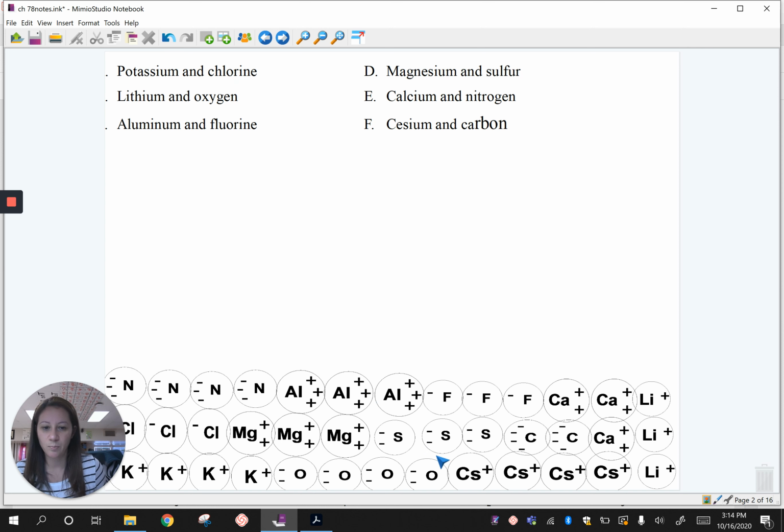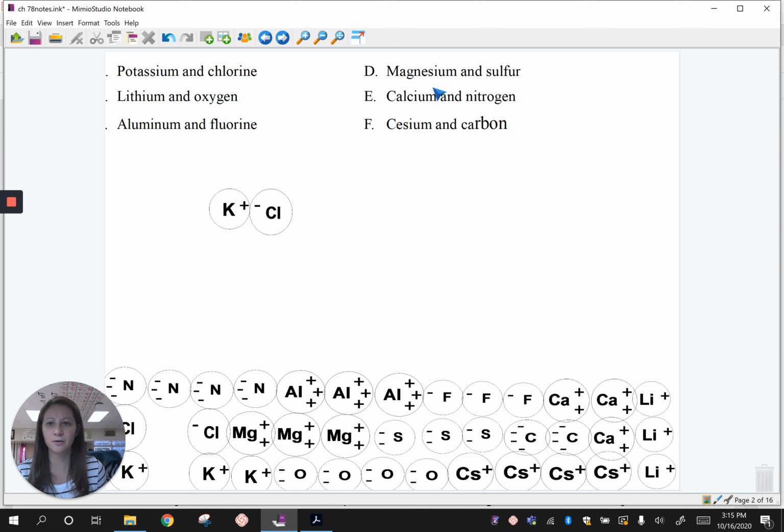So you take a potassium, which is right here. Potassium is a +1 charge because it's a group 1. You take a chloride, which is -1 because it's a halogen, and you make 1 formula unit of potassium chloride. You write the formula, then it would be KCl. And then you draw a particle diagram, a picture of what this looks like.